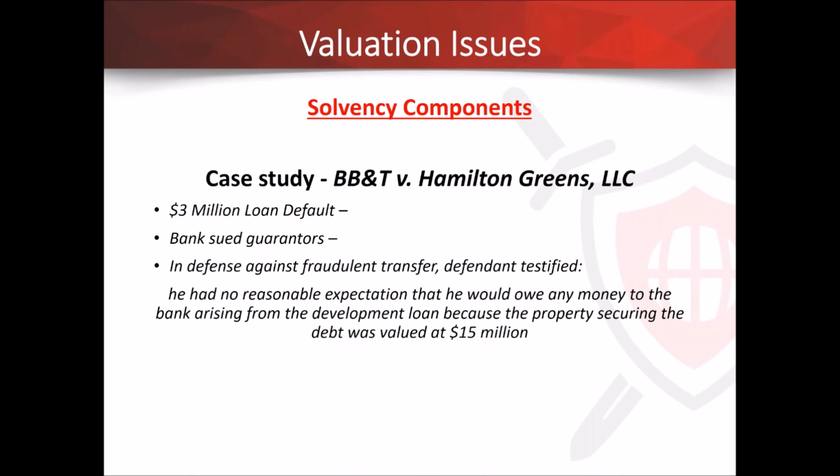And one of the arguments that we were making was, well, hey, wait a minute here. You're looking back. You're saying, okay, this was 2014, the property you say is worth $25,000, and he made transfers, and so it was a fraudulent transfer. But at the time he made those transfers back in 2008, 2009, your client, the bank, had just gotten an appraisal that said this property was worth almost $1 million.